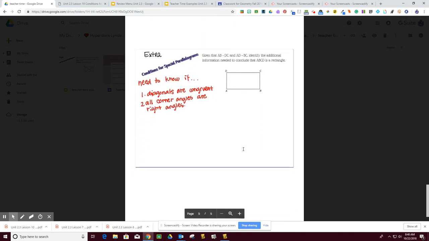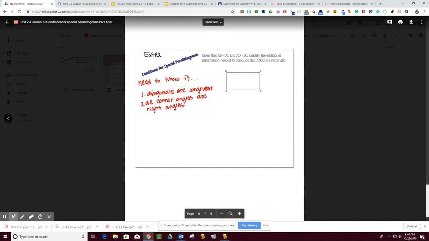And the last example, it says given that AB is congruent to DC, and AD is congruent to BC, so I know that this thing has to be a rectangle.